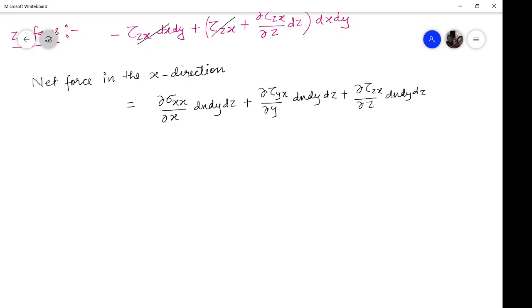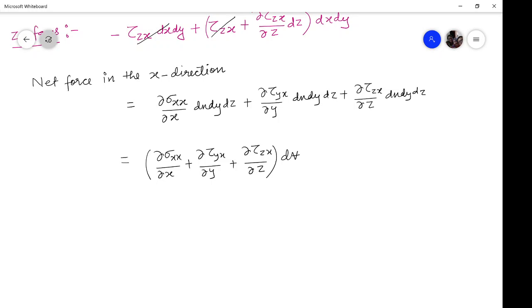Dx dy dz is the volume of this small infinitesimal system. So I can write del sigma xx by del x plus del tau yx by del y plus del tau zx by del z times dx dy dz, which is nothing but the volume of this element. So this is the net force acting on this fluid mass system in the x direction.